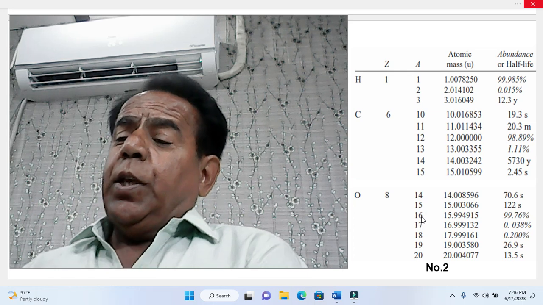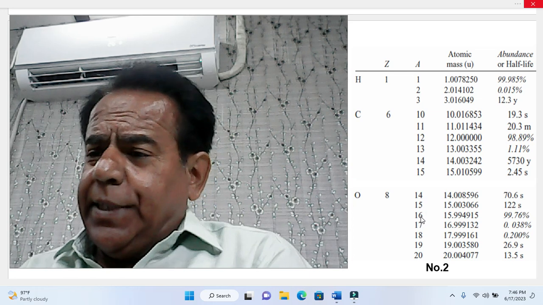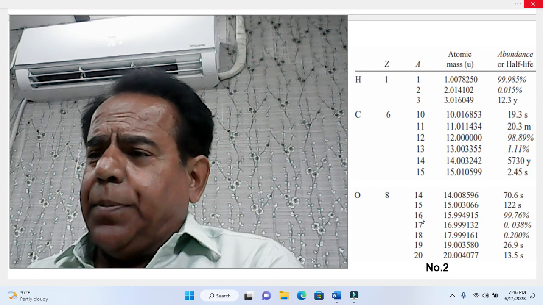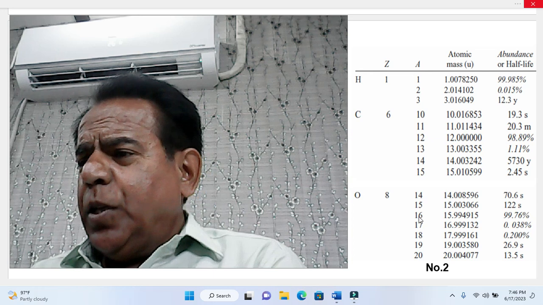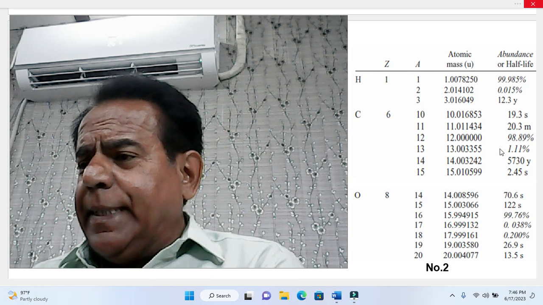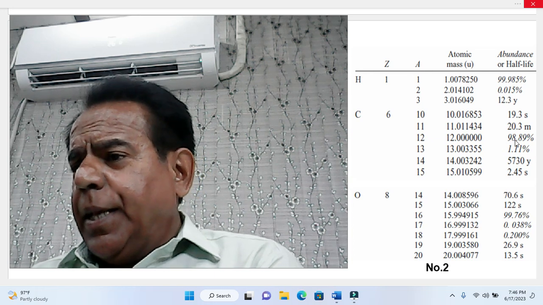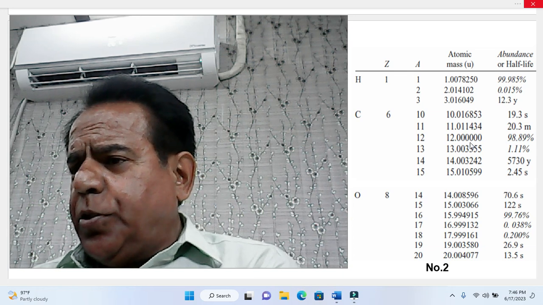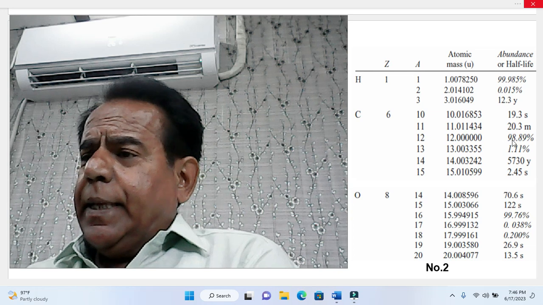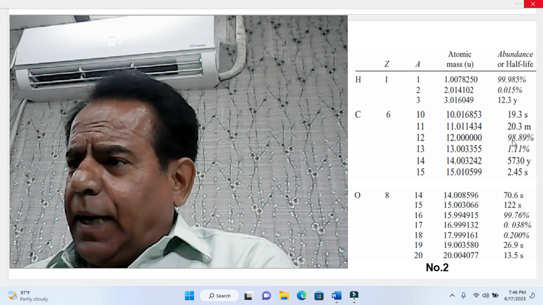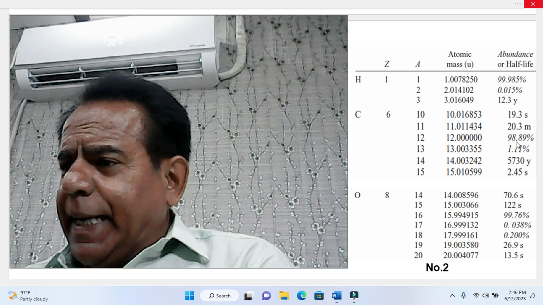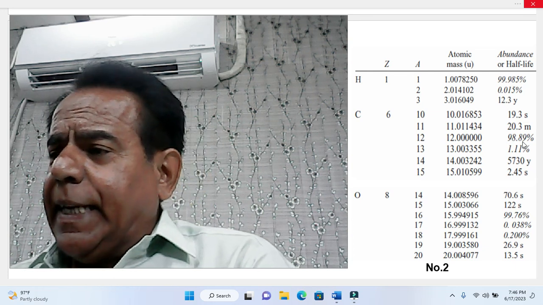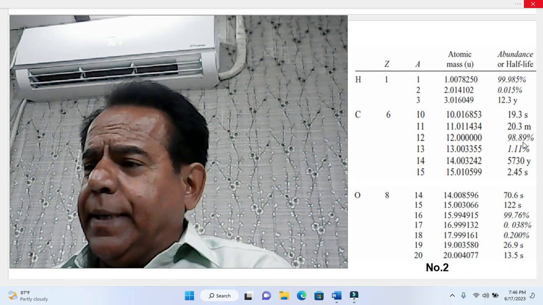So dear students, about these two values, some distinguishing feature must be available in this table. So what is that distinguishing feature? We come to know that in place of 12.000000, in place of abundance or half-life, 98.89% abundance is given.